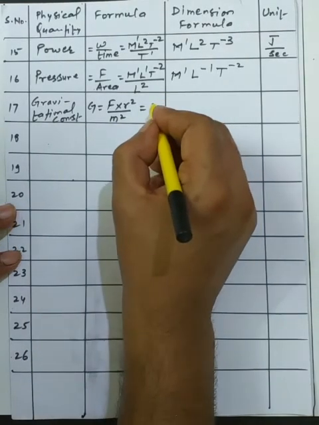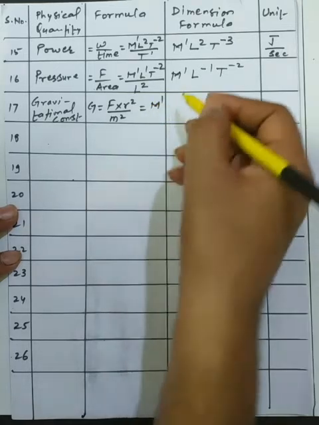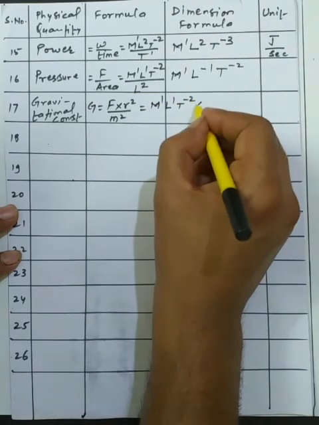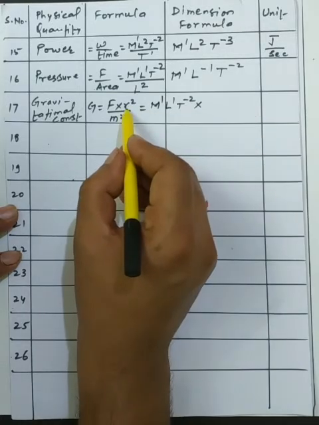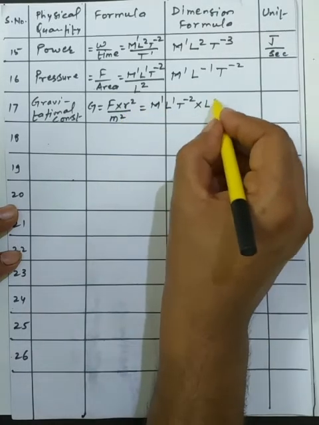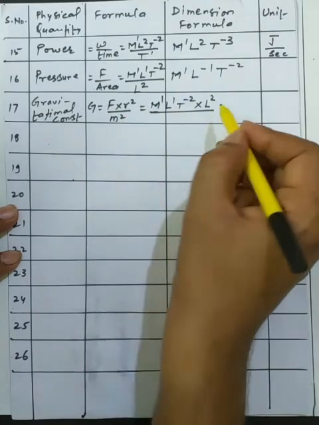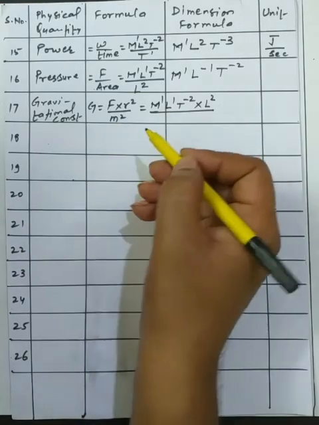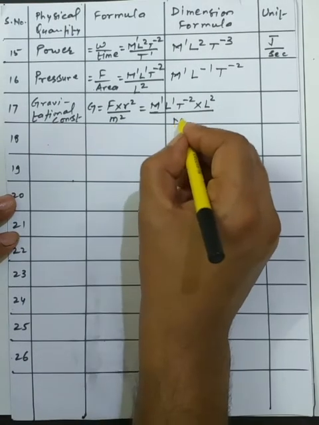Now force has the dimension M1 L1 T minus 2, and the length, that is r, is available two times, so we are writing L2 to be divided by m, the mass, so we are writing the mass with the power 2.